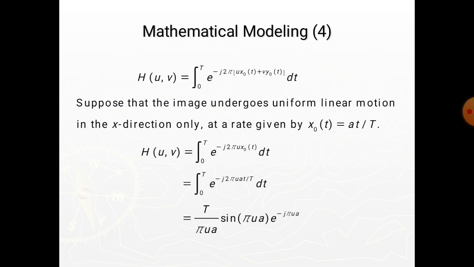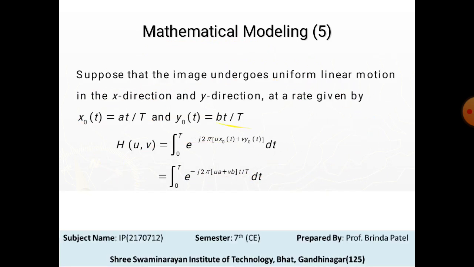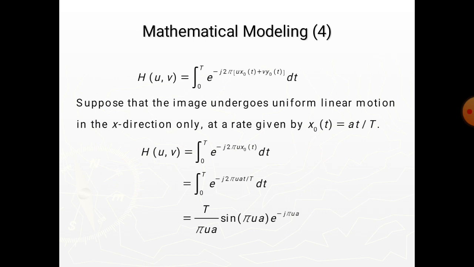Suppose that the image undergoes uniform linear motion; then we can get H(u,v) here. The final result is T upon pi ua times sine pi ua times e raised to minus j pi ua.